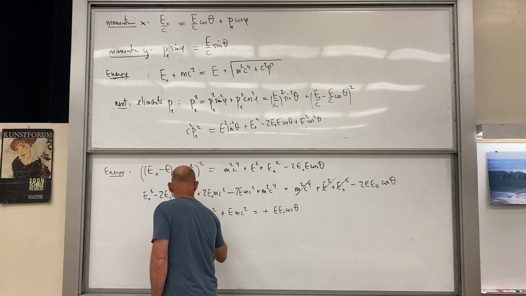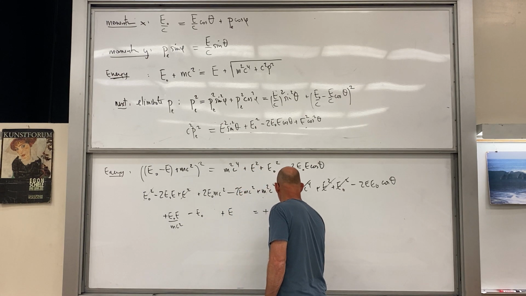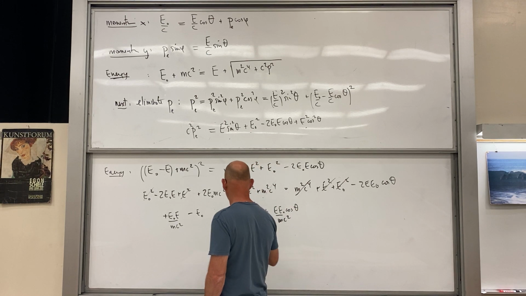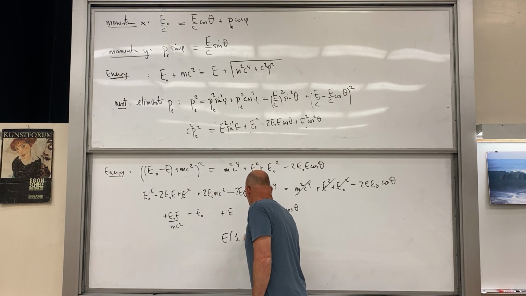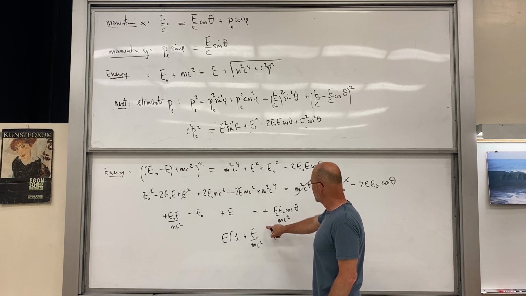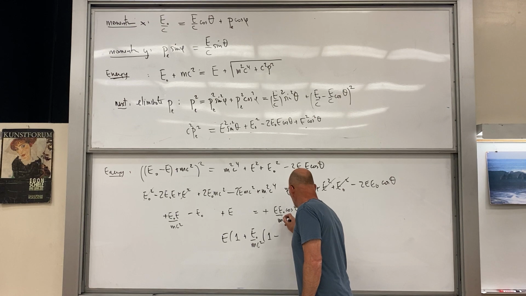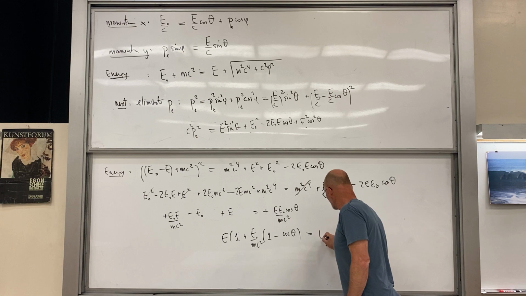So mc squared, and the E0 over mc squared times 1, bring this over, minus cosine theta. And then we'll bring the minus E0 over to the right side is equal to E0.